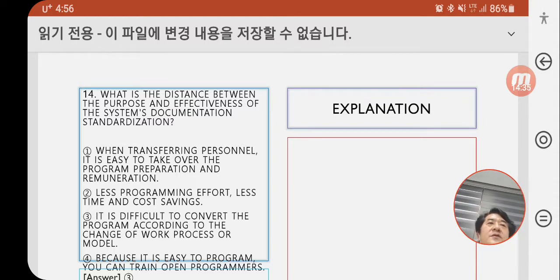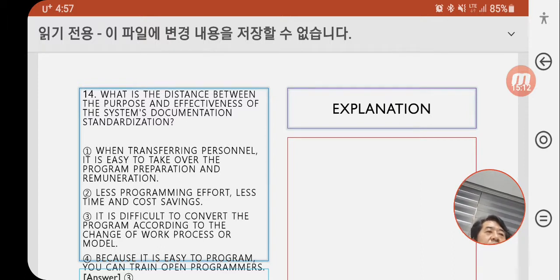Next question, I will read the question. What is the distance between the purpose and effectiveness of the system's documentation standardization? Number 1, when transferring personnel, it is easy to take over the program preparation and remuneration.